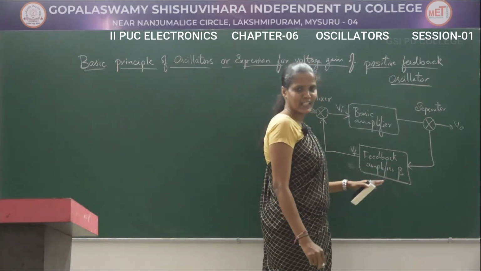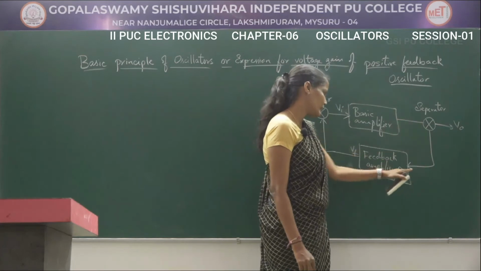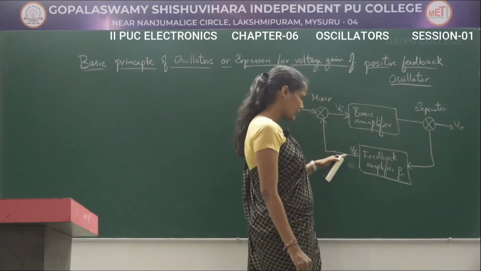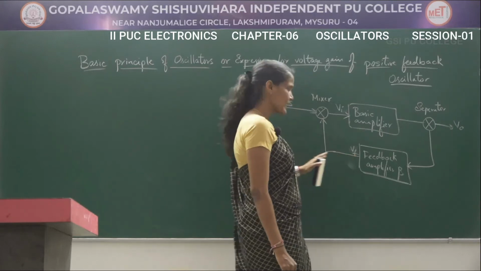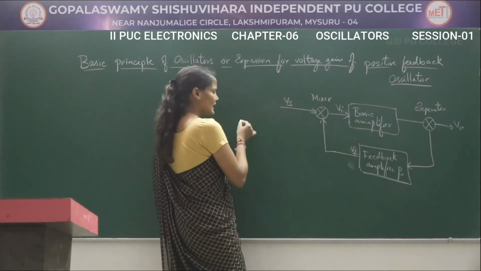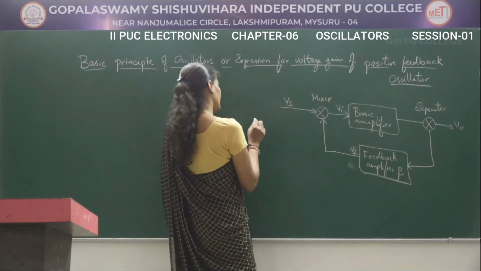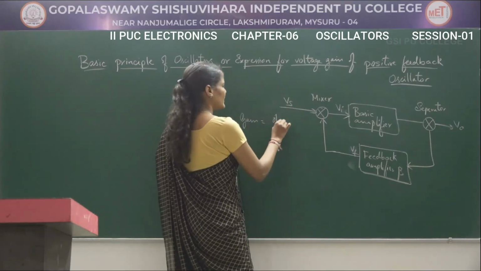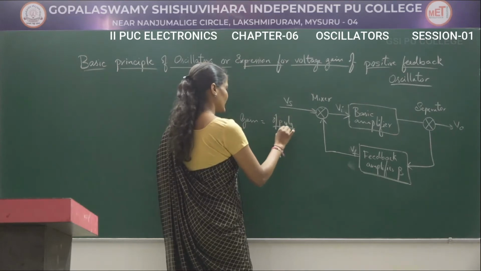Here beta is nothing but the feedback, and the input for this feedback amplifier is nothing but V0, and the output of this feedback amplifier is Vf. We know that the gain is equal to output voltage divided by input voltage.